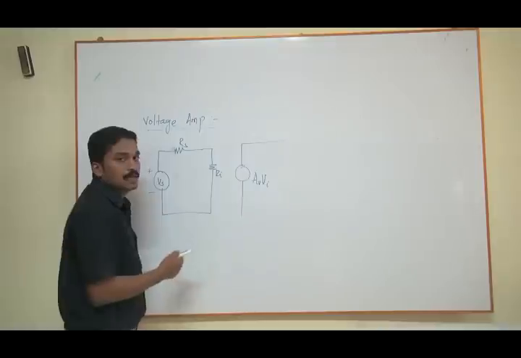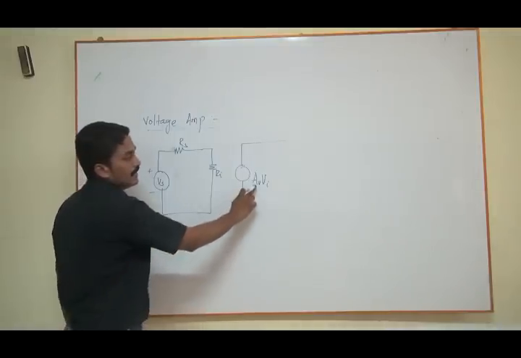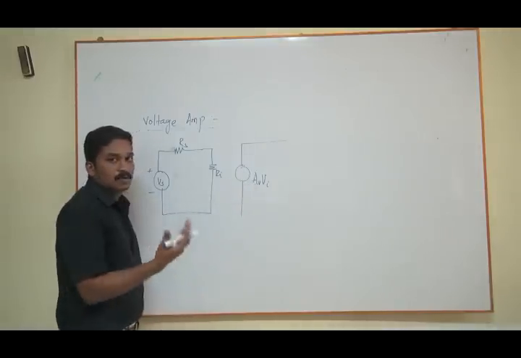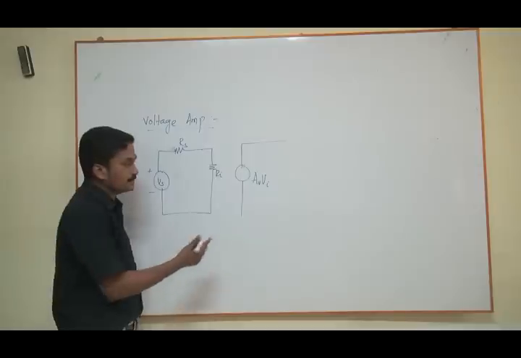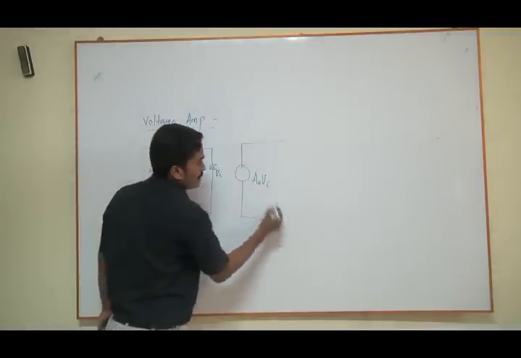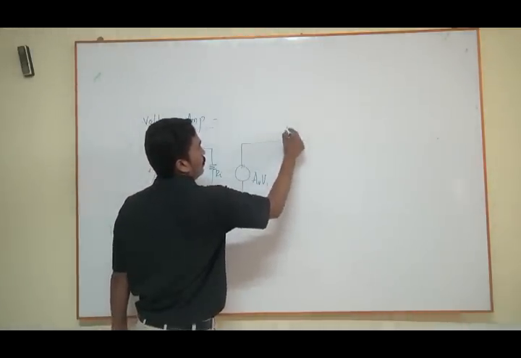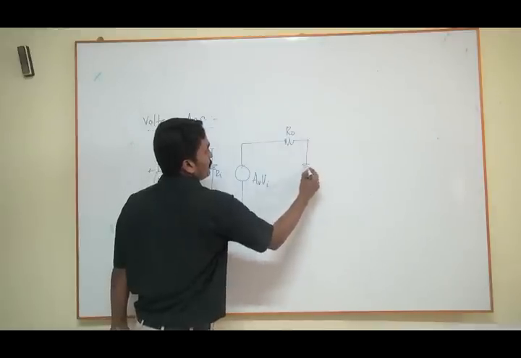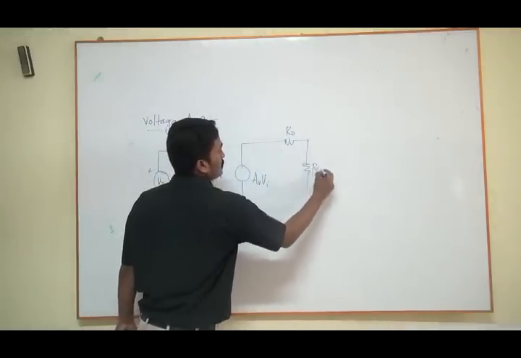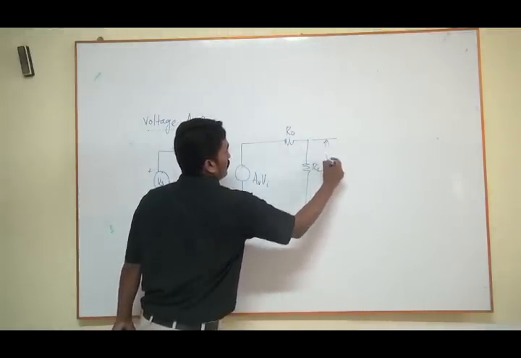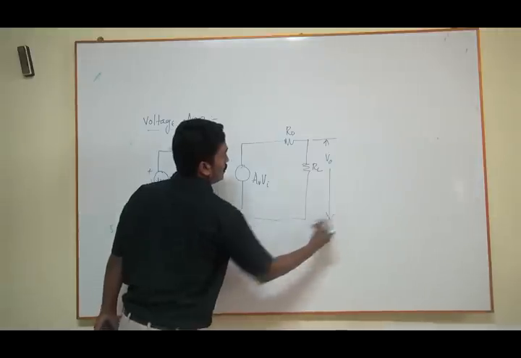Since it is a voltage amplifier, AV is nothing but the voltage gain, in series with some output resistance R0 and load resistance RL. Across this we take the output V0.